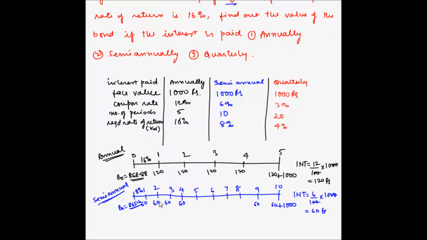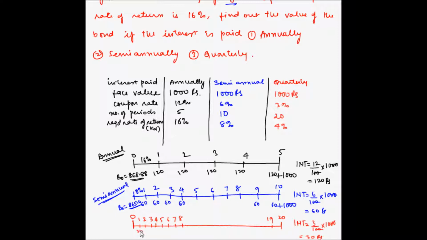So let me draw the time scale for quarterly interest payments. So each annual period or year will be broken down into 4 periods. In other words, each semi-annual period will be broken down into 2 periods. So total there will be 20 periods. Now interest will be 3% of 1000 rupees. 3 divided by 100 into 1000. 2 zeros get cancelled. So this is 30 rupees.